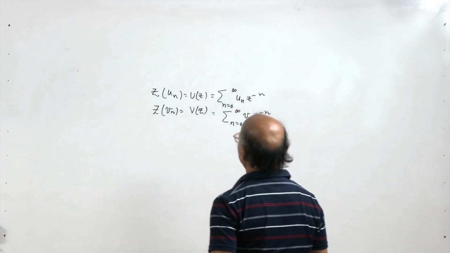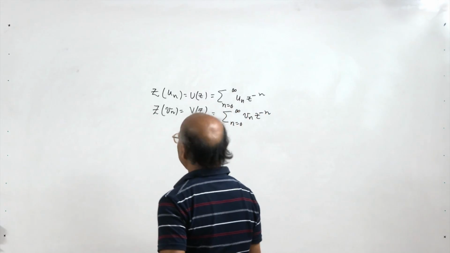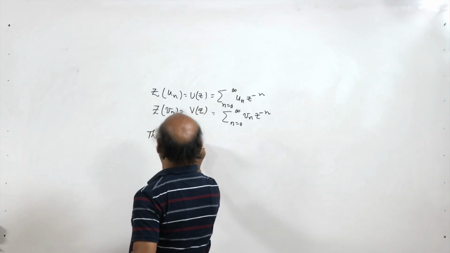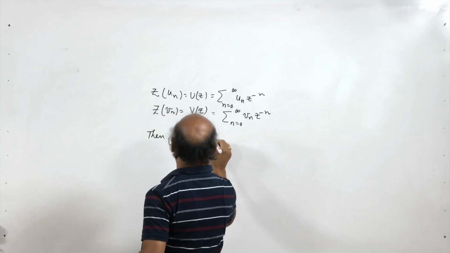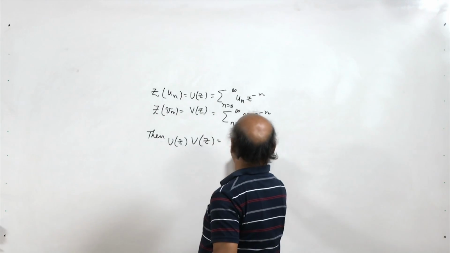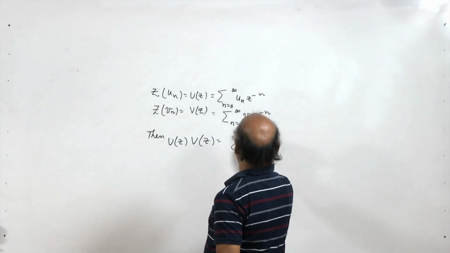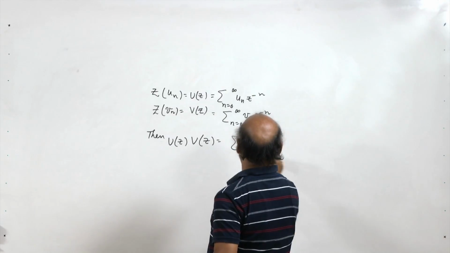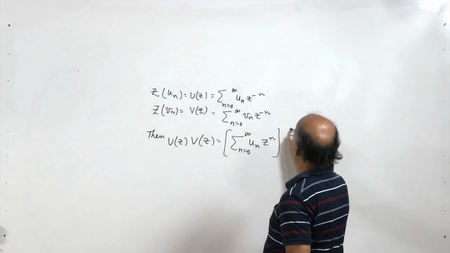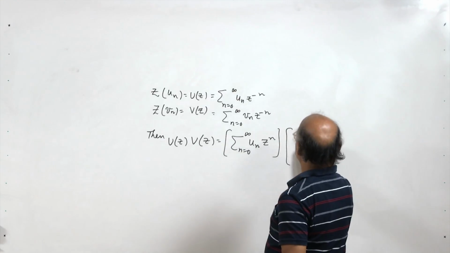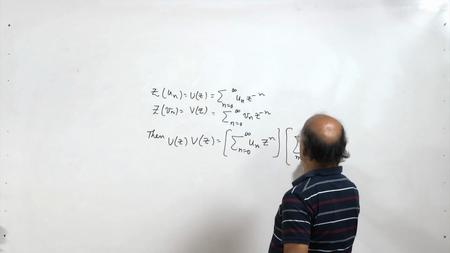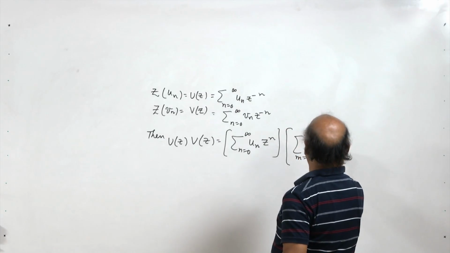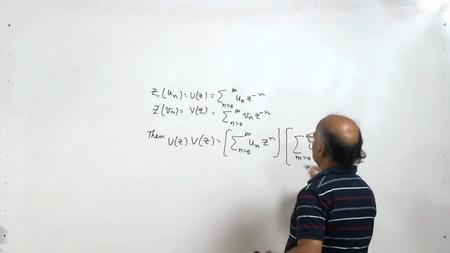So, when you multiply U(z) and V(z), what will we have then? U(z) into V(z) will be equal to sigma n equal to 0 to infinity u_n z to the power minus n, and for V(z) we take the summation over some other index, say m equal to 0 to infinity v_n z to the power minus n.